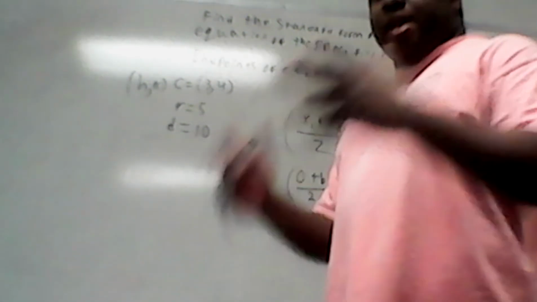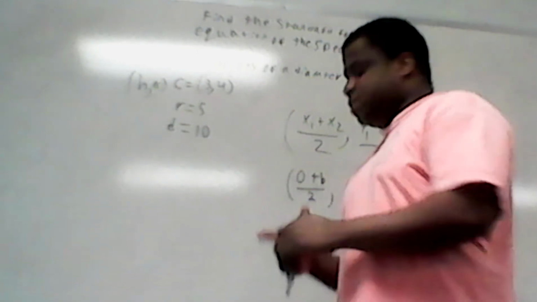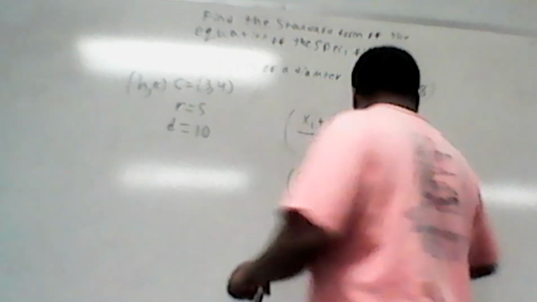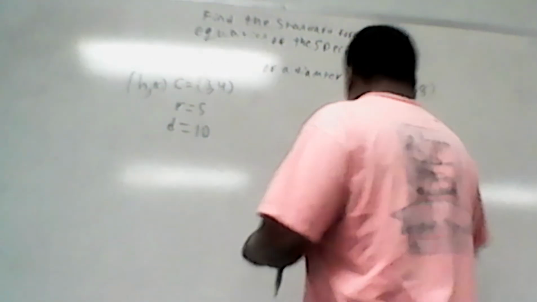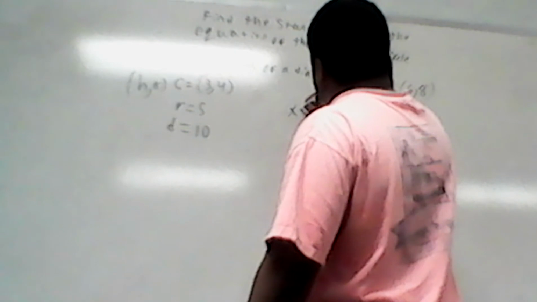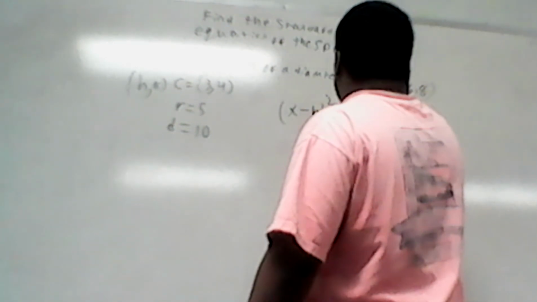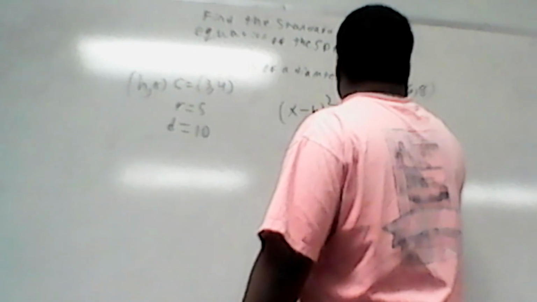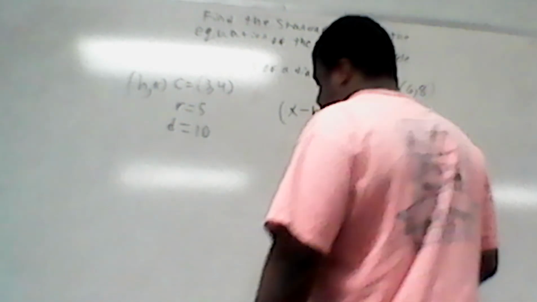So now I have everything I need to make my standard form, right? So let's go back to standard form. So remember, the standard form of a circle is (x minus h) squared plus (y minus k) squared is equal to r squared.